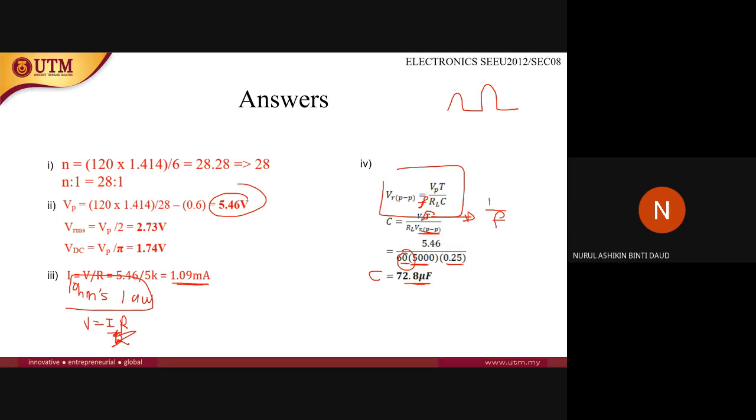Please study for your test. Your test will be conducted during week 6. So during week 6, study the half wave rectifier and also the Zener diode that we will learn tomorrow.